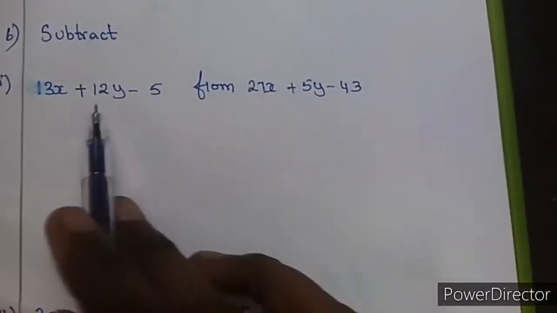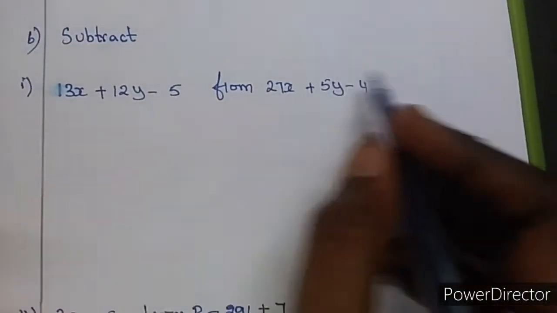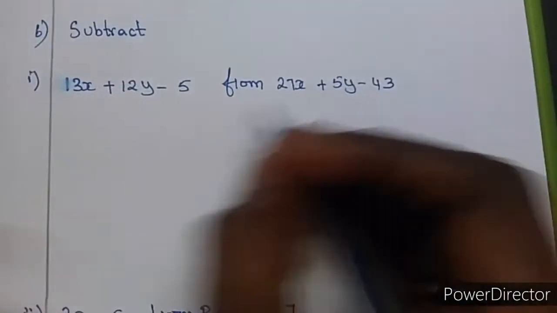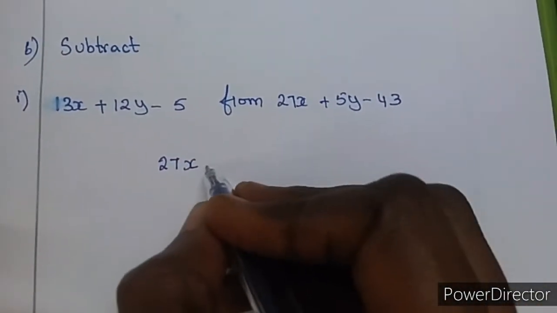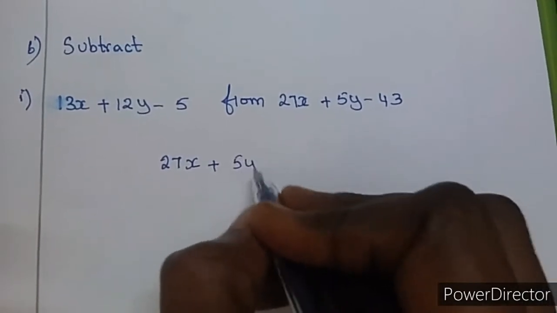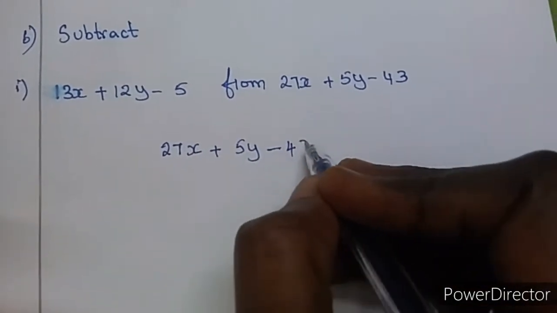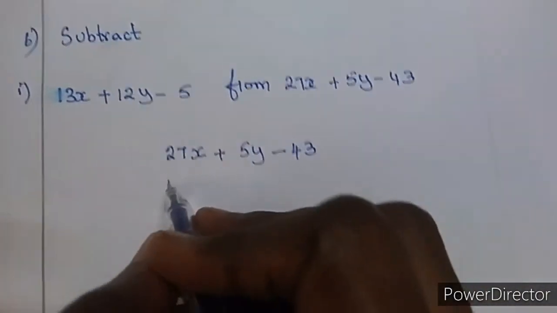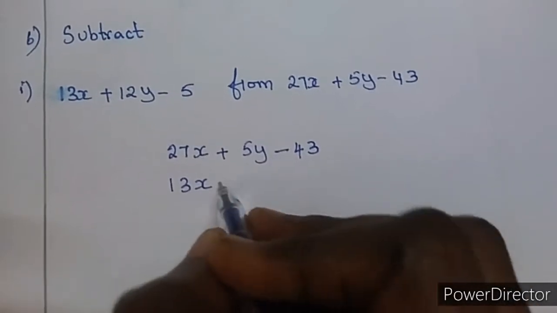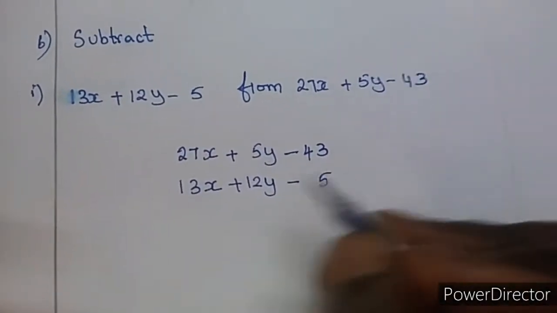Now question number 6, subtract. There also they given two expressions. From is given. First step, arrange the second expression as first. 27x plus 5y minus 43. Now second expression, 13x plus 12y minus 5.